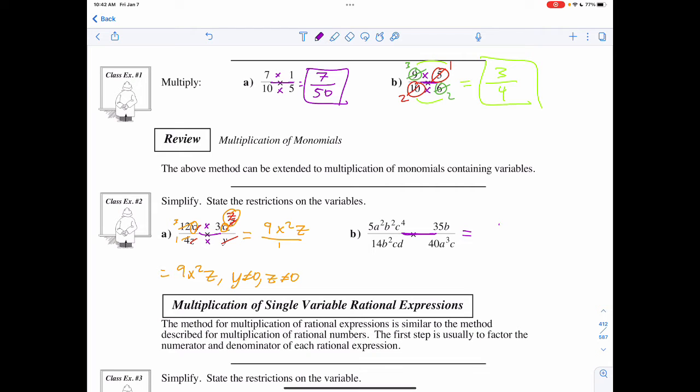So I have a squared, the b squared and the b is going to be b cubed, and c to the fourth. And on the bottom, I have b squared, c and c are going to combine. I have an a cubed and I have a d, so a cubed, b squared, c squared, and d.